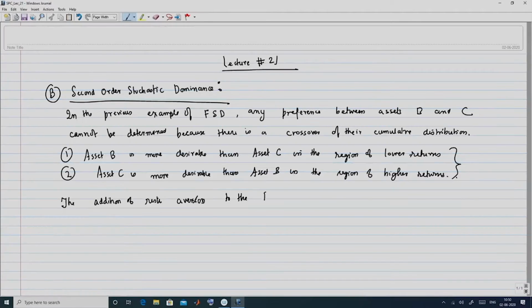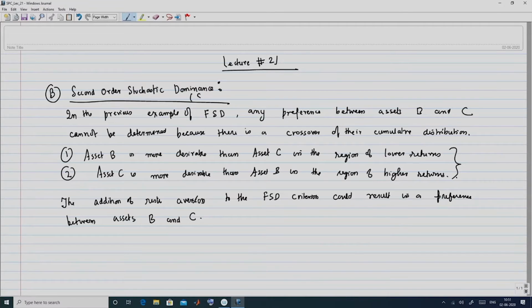And so, accordingly the addition of risk aversion to the FSD criteria could result in a preference between asset B and C. So, this means that while the first order stochastic dominance criteria is not applicable in this case, however, even in this case a preferential choice can be made based on a criteria under the assumption that we add one more condition to the basic assumption that were associated with FSD, and that is going to be the criteria of risk aversion.